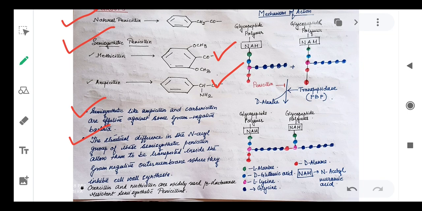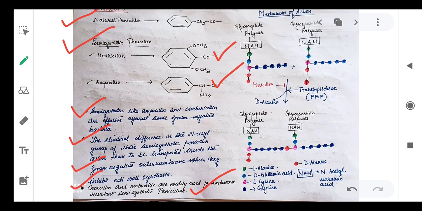The N-acyl group of these semisynthetic penicillins allows them to be transported inside the gram-negative outer membrane, where they inhibit cell wall synthesis. Oxacillin and methicillin are widely used beta-lactamase resistant semisynthetic penicillins. We will discuss beta-lactamase later in this module.